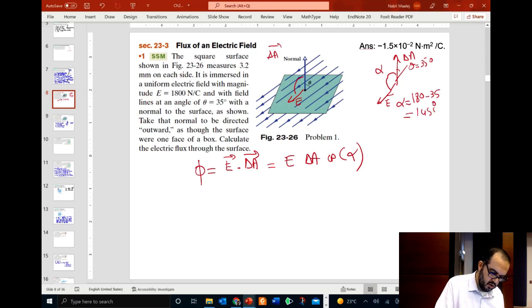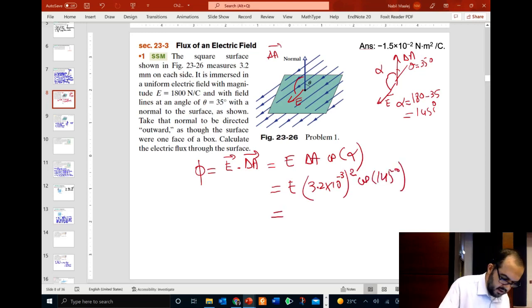So this is going to be E, which is 1800, times delta A, which is 3.2 times 10 to the minus 3 squared, times cosine of 145. When you calculate this, you find it is minus 1.5 times 10 to the minus 2 newton meter squared per coulomb.